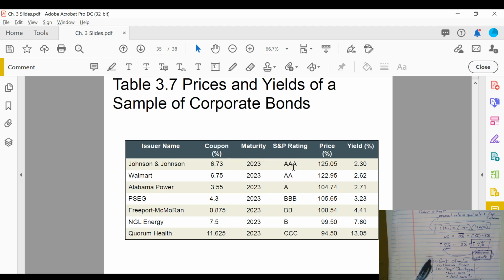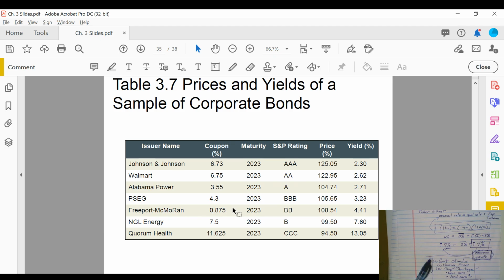Okay, this is just an example of AAAs. The rating will tend to equate to yield to maturity. So, for instance, you see this and you'll say, wait a minute, how is it that J&J's coupon is 6.73%, but yet Freeport is borrowing at less than 1%?